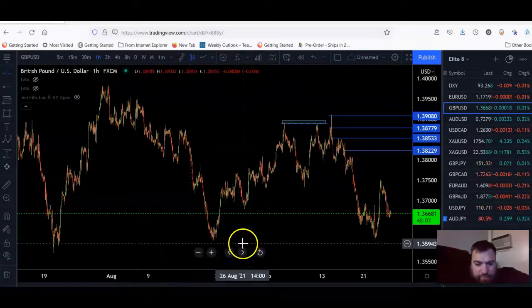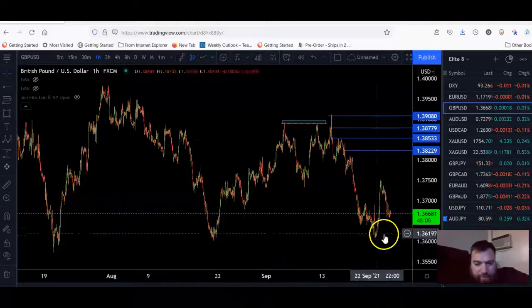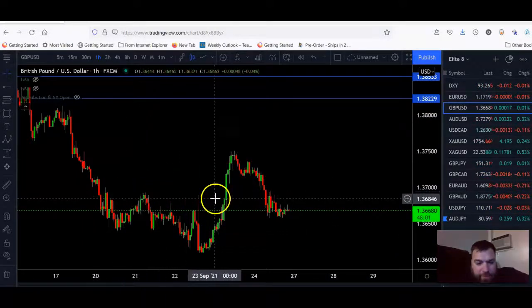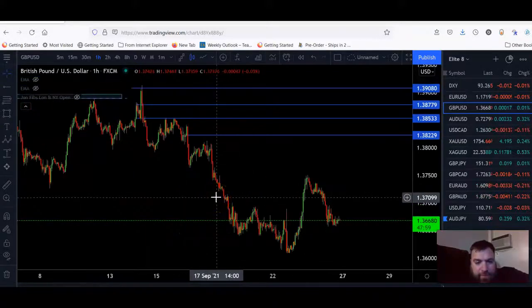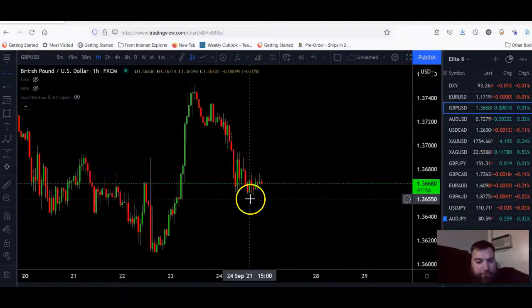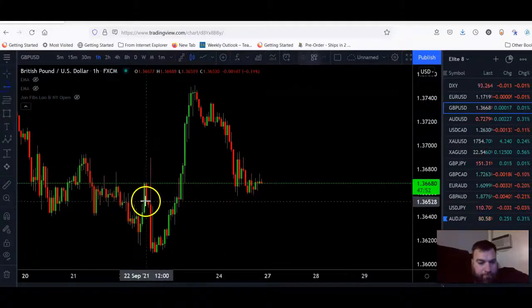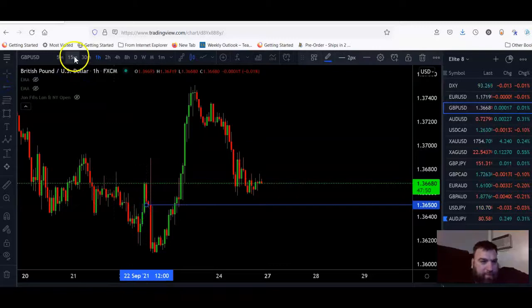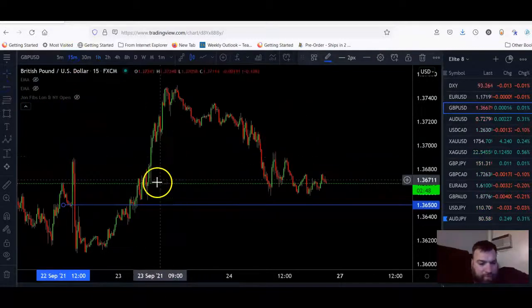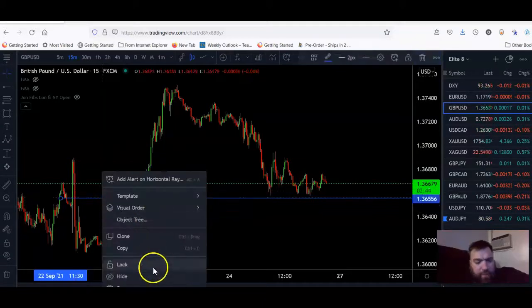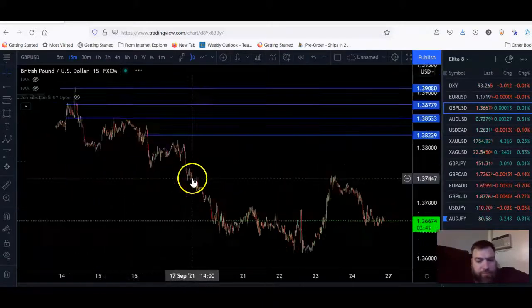It's got some almost equal lows right here. But it did break this structure. So I'm thinking, I don't like that. We'll see what happens.